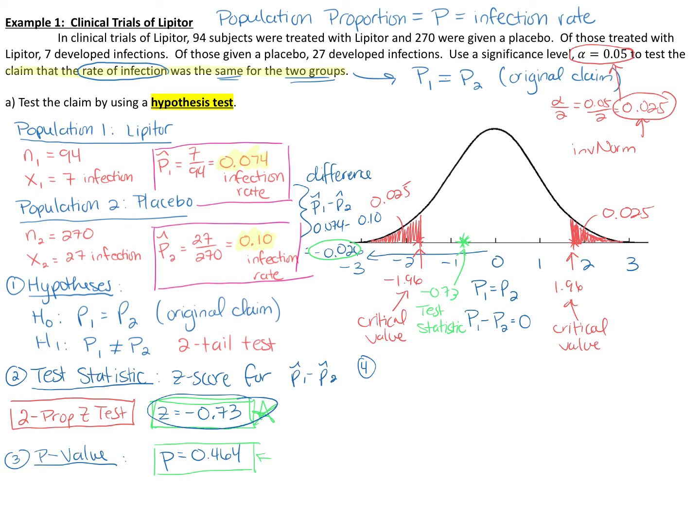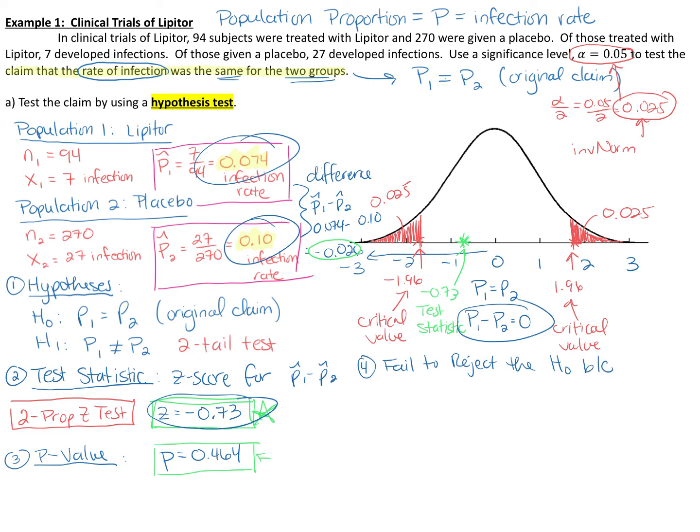So even though we see a difference in our two sample proportions, that difference really isn't significant enough for us to reject that the difference between P1 and P2 is 0. We don't have enough evidence to warrant rejection of the claim that the two infection rates are the same. So we would fail to reject the null hypothesis, and always make sure you explain how you know.